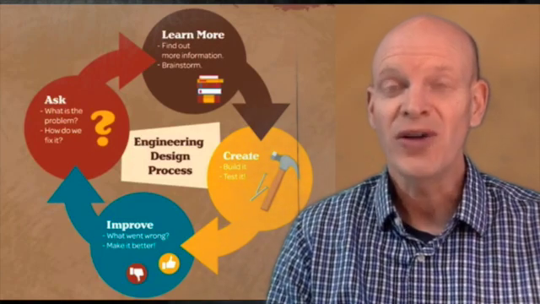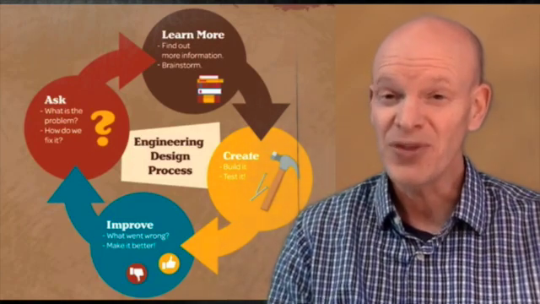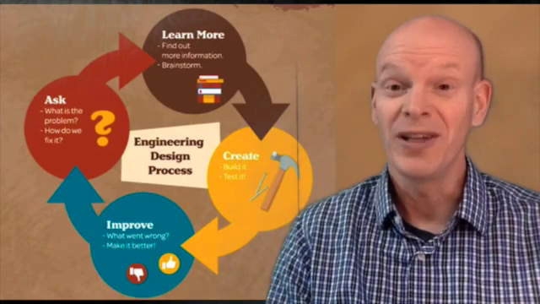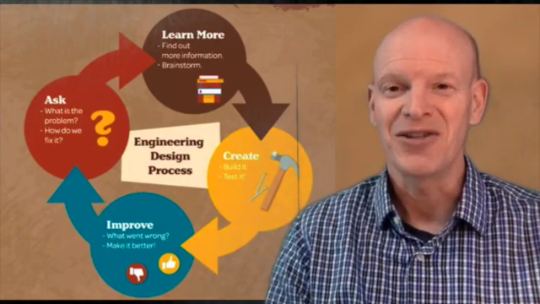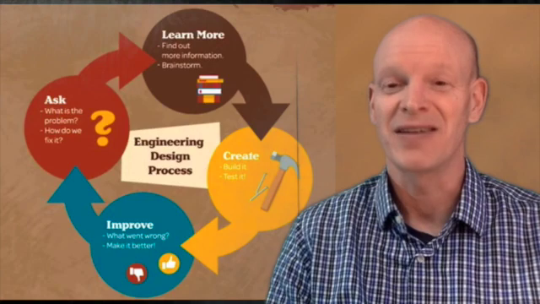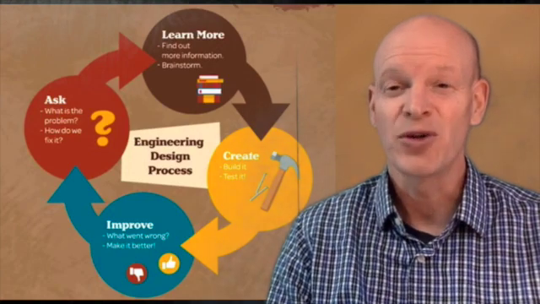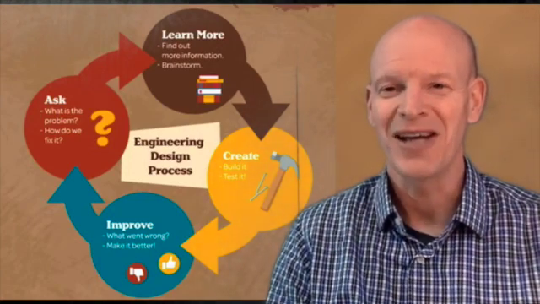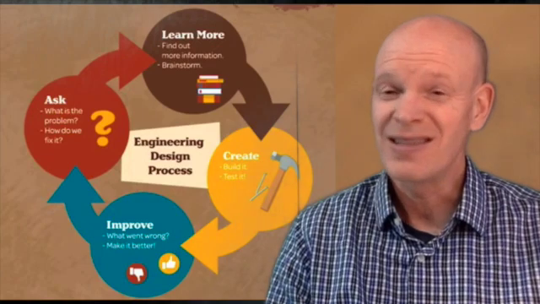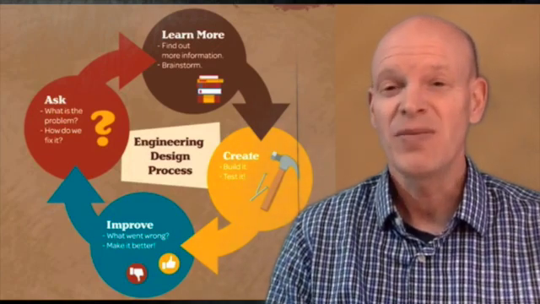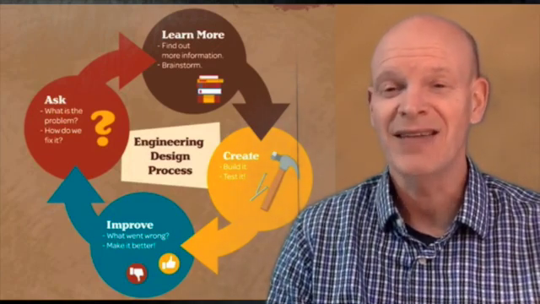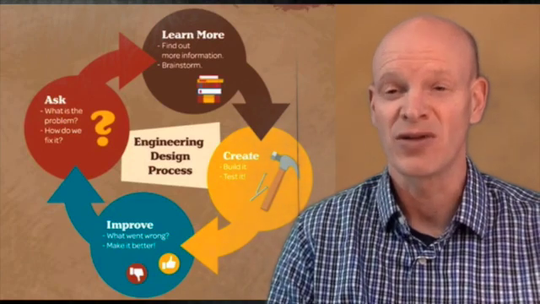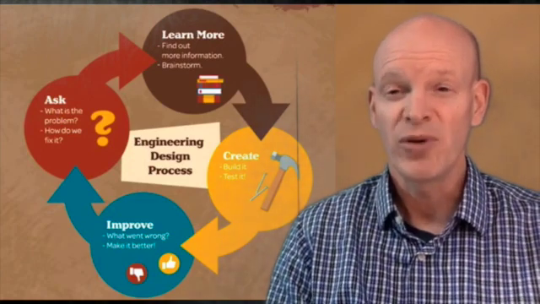So if she took all the good parts and put those together into one really good solution, she could make what she was trying to make to solve her problem, a scooter attachment for her dog to ride in. At the end of the story, she still doesn't think it's perfect, so she may actually rebuild it again. That's the last process that engineers go through, called the improve process.